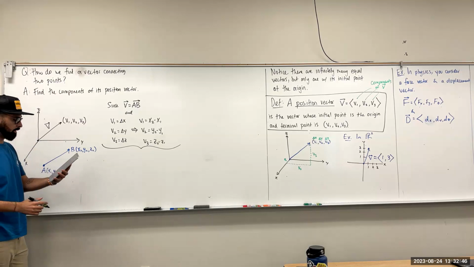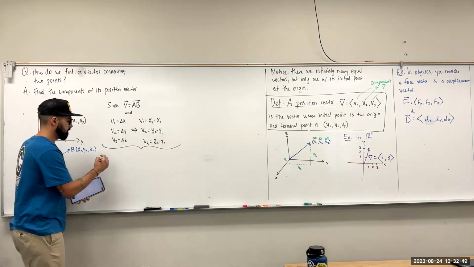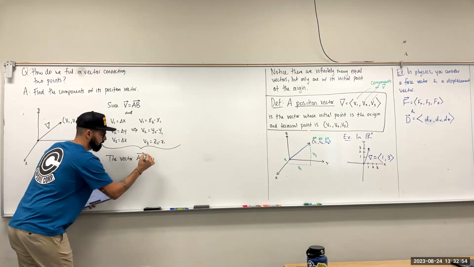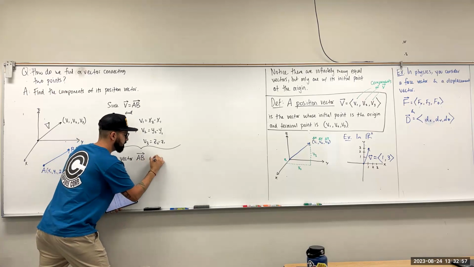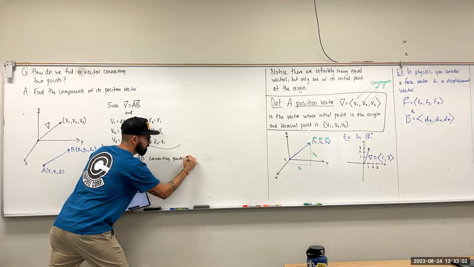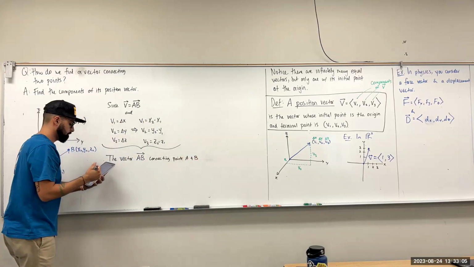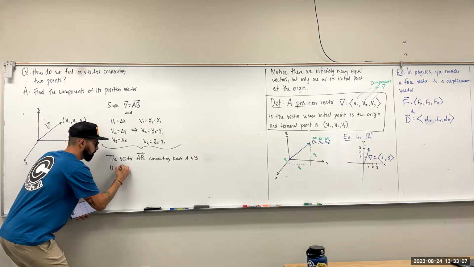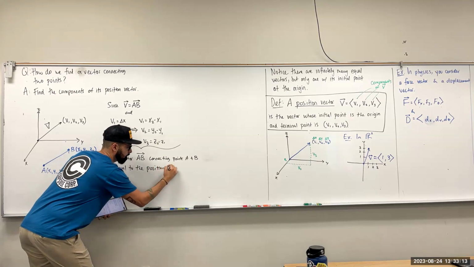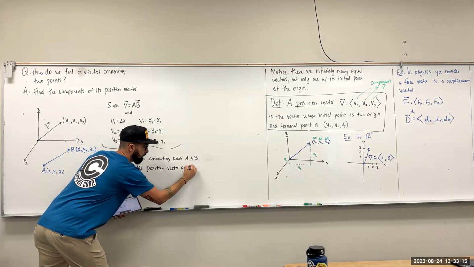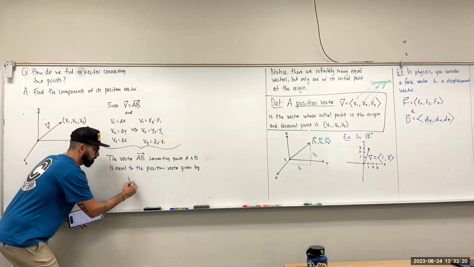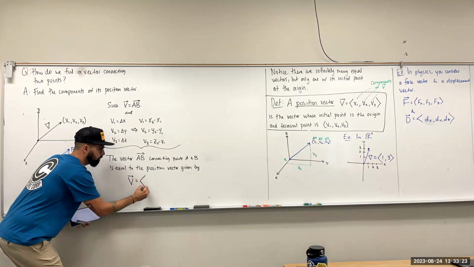So the vector AB connecting points A and B is equal to the position vector given by the components that we just discussed here.